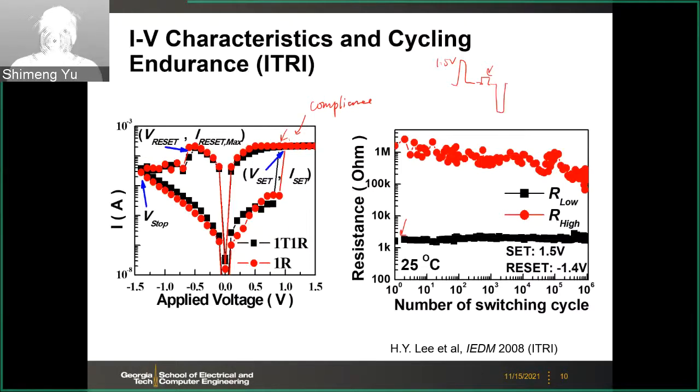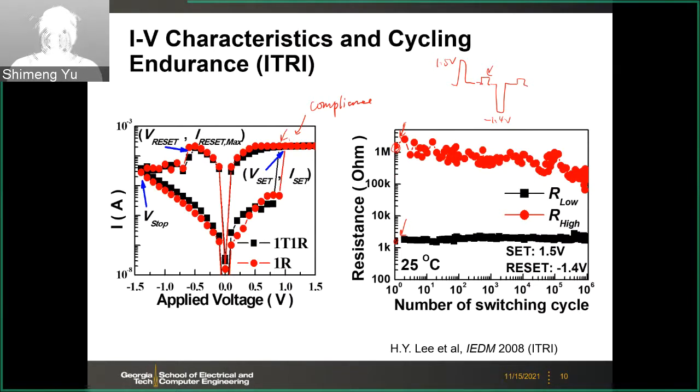Then you apply a negative pulse, in this case negative 1.4 volts, and after that you read the resistance and record it here. So this is a pair of set and reset, and you get these two points.